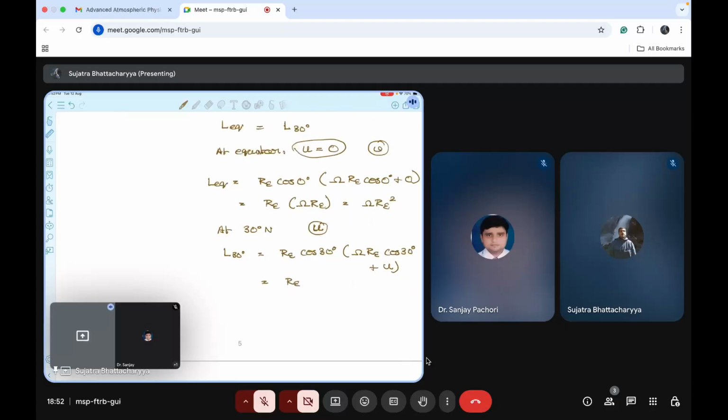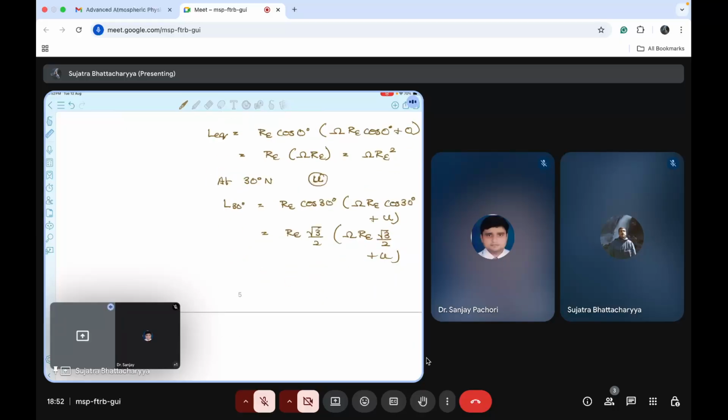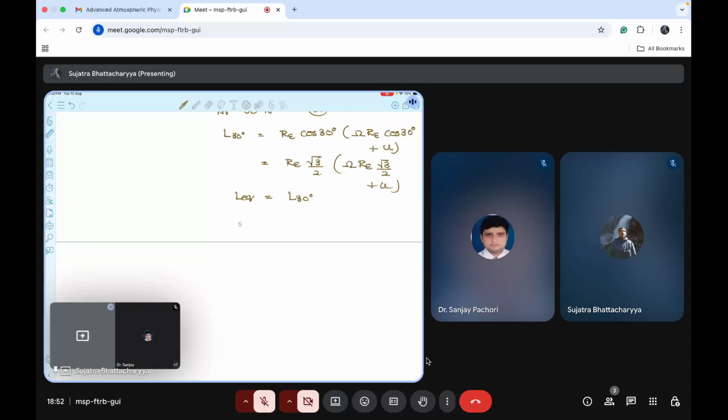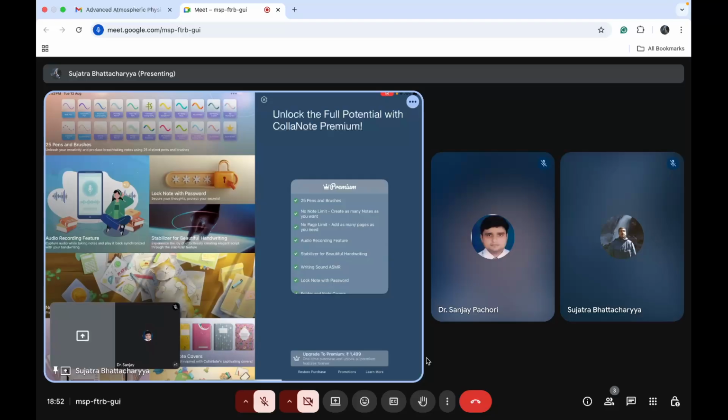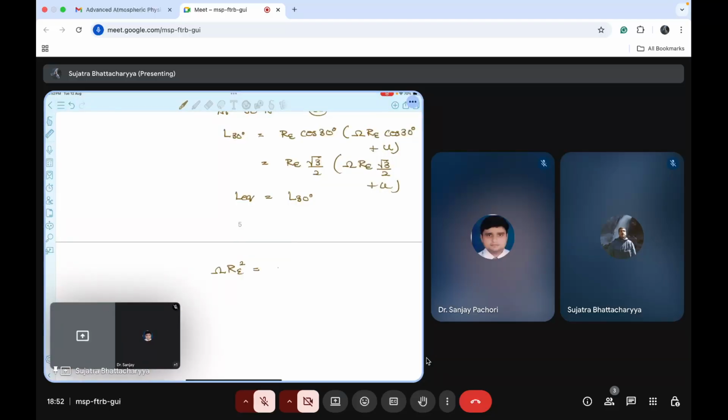So it will be Re cos 30, which is root 3 by 2, into omega Re root 3 by 2 plus u. Equate this, that is, L equator is equal to L at 30 degrees. So if you do that, you get omega Re square is equal to Re cos 30. Let me not write again. So it will be root 3 by 2 into omega Re root 3 by 2 plus u.